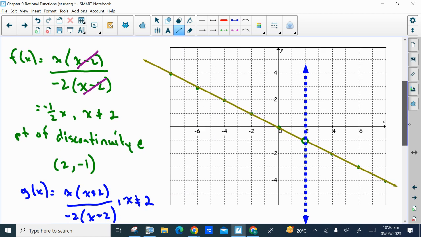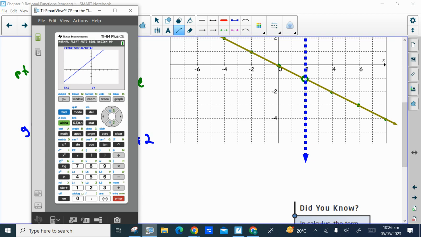So we will see what's happening by, again, using our graphing calculator. Have to use the original expression. So the numerator is x squared plus 2x divided by, in brackets, 4 minus 2x. When you graph it, I'm going to use Zoom 6 to get my window back to its standard settings.